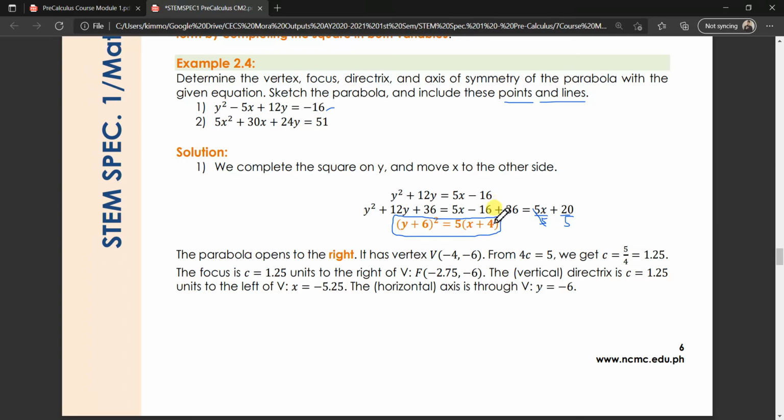From here, we can easily identify where our parabola is facing, its vertex, and its focus. It is the same reason why with our circle we look for the standard equation if given a general form, so that we can easily identify what the problem is asking for.